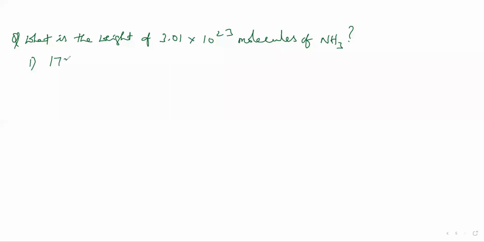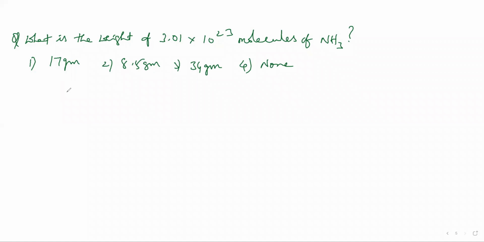Options: 17 grams, 8.5 grams, 30, none. What is the weight of 3.01 into 10 power 23 molecules of ammonia, right?